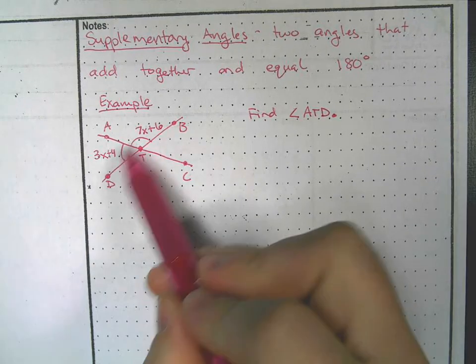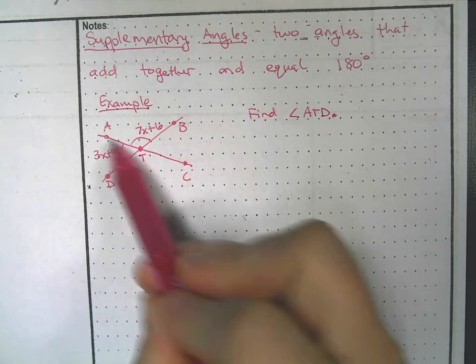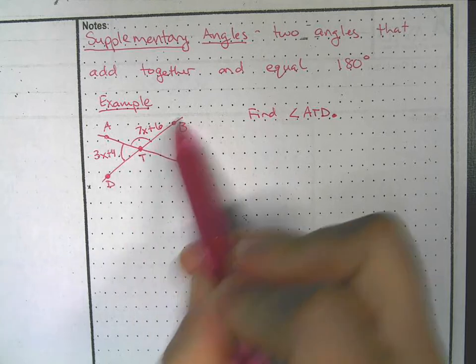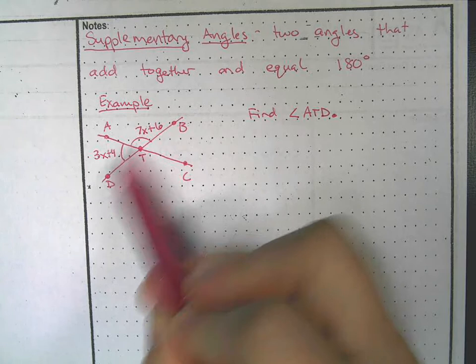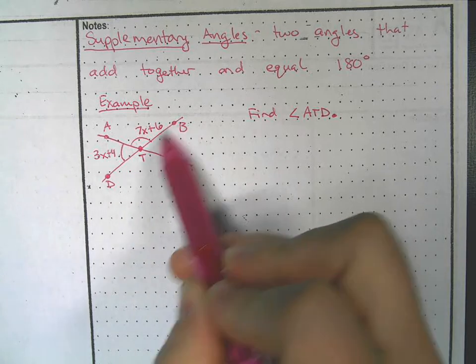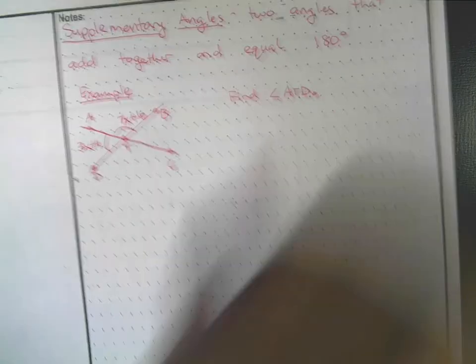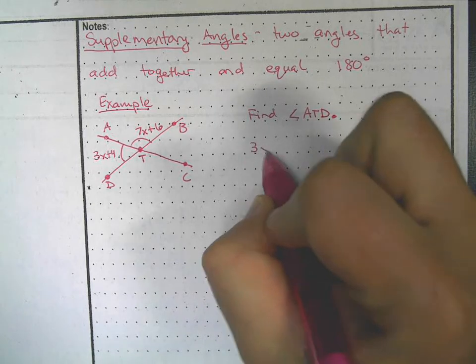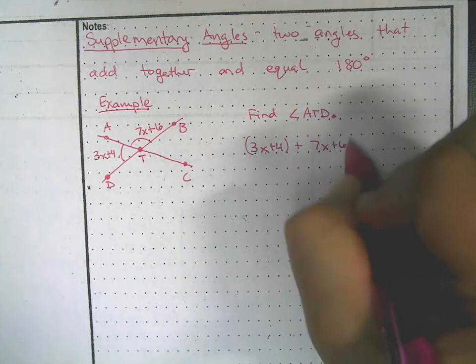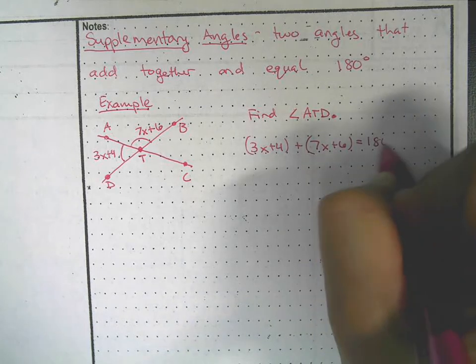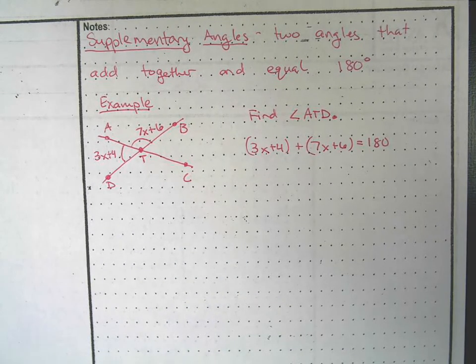Okay, so these are supplementary angles because they're adjacent angles that create this line. See, here's my line right here, DTB. And these two angles come together to create the line. So they're supplementary. So I'll add them together. And it equals 180.